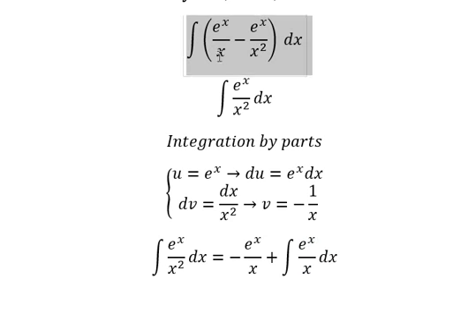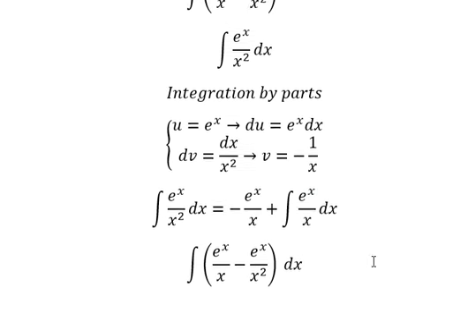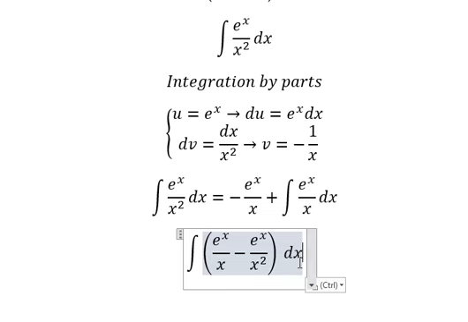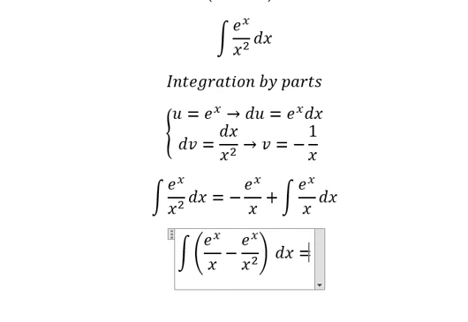Now we go back in here. So we have this integration, and we put it in here.